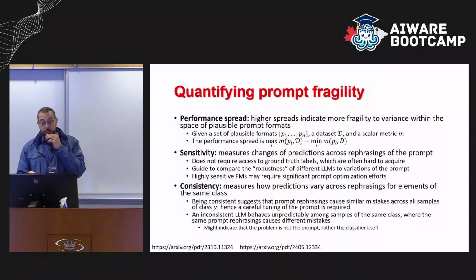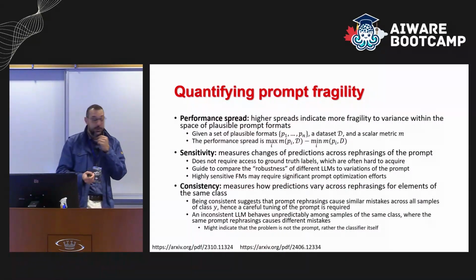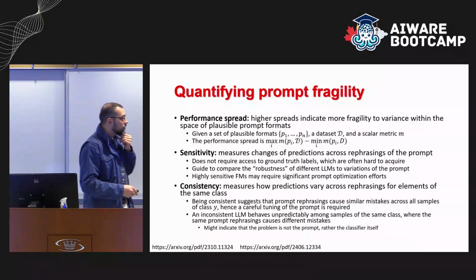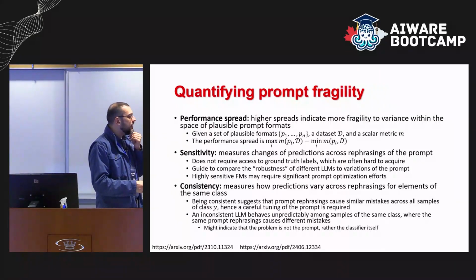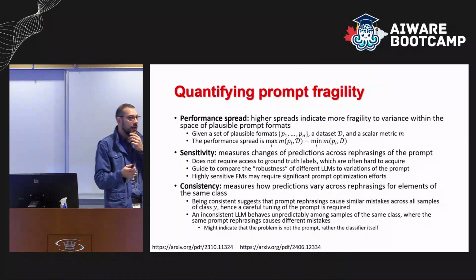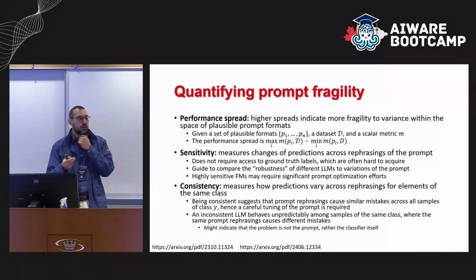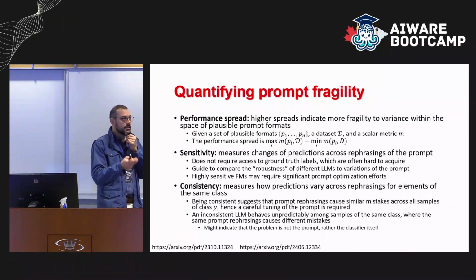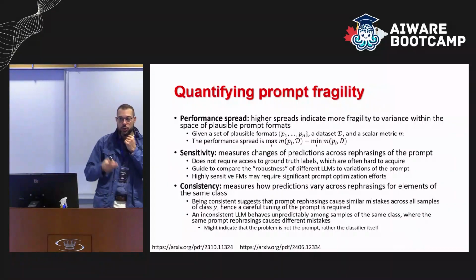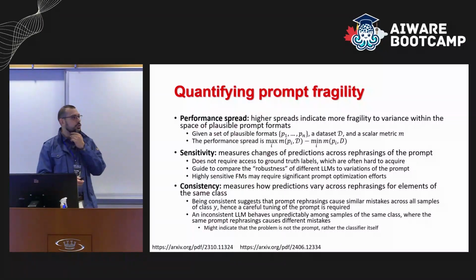It's a guide to compare the robustness of different LLMs to variations of the prompt. So the result is that highly sensitive foundation models may require significant prompt optimization efforts. If you see that your foundation model is too sensitive, you might want to invest more into finding good prompts.